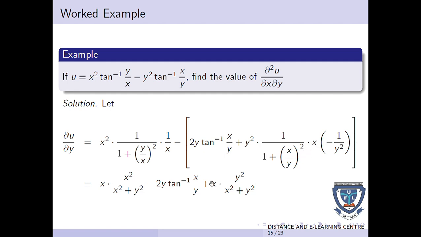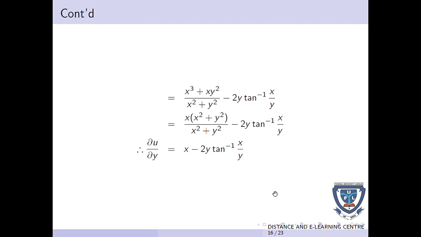So when you simplify properly, you're going to have x times x squared over x squared plus y squared minus 2y arctan(x over y) plus x times y squared all over x squared plus y squared. And when you continue the simplification, therefore, partial u partial y will be equal to x minus 2y arctan(x over y).